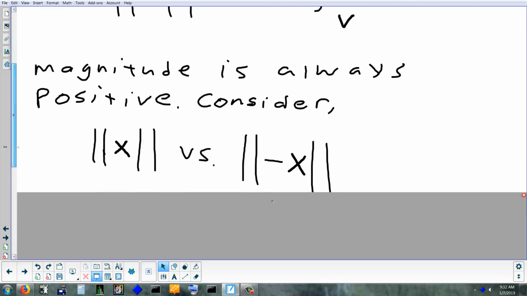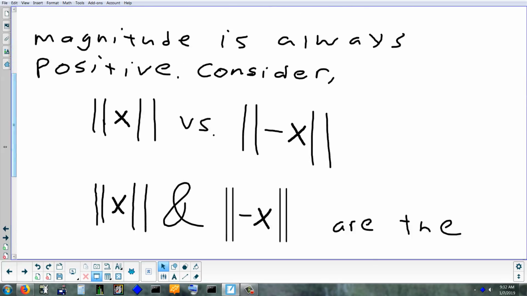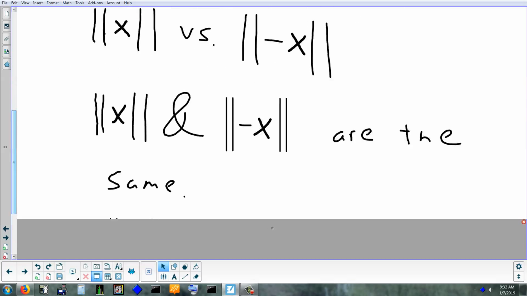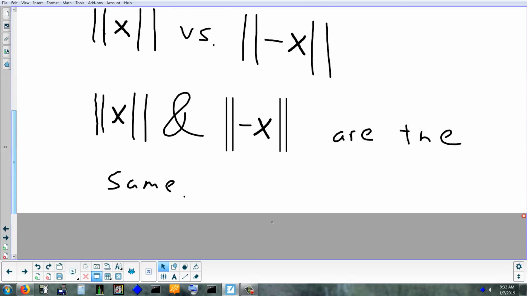So those two things are exactly the same. So the magnitude of x and the magnitude of -x are the same. What's different is the direction that x and -x point. But if you're measuring them, that's like measuring the table from left to right and then measuring it from right to left. It's the same length, just a different direction you measure. Okay.